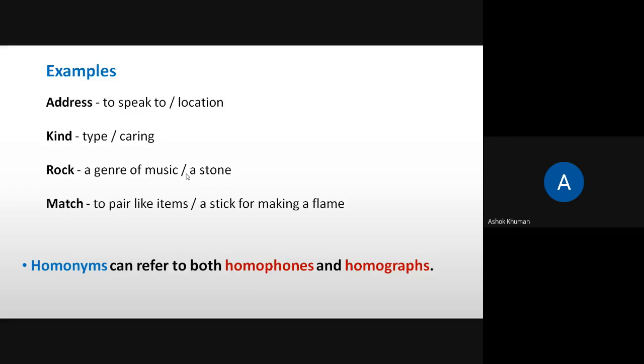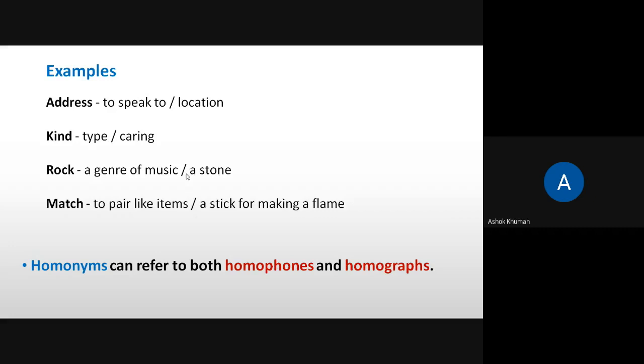Same spelling, same sound. Kind: we have a kind person as an adjective, and we have kind meaning type, kinds of reading, kinds of writing, kinds of other things. So you have two meanings for kind, same sound, same spelling, but the meaning is different. Rock, for example: one meaning is stone.